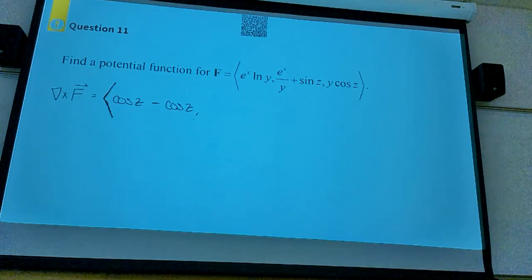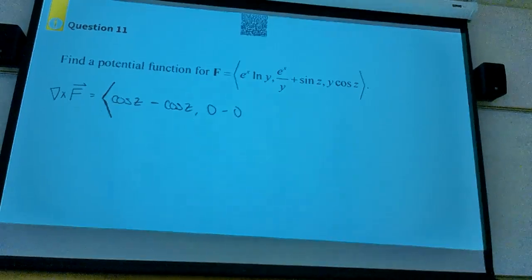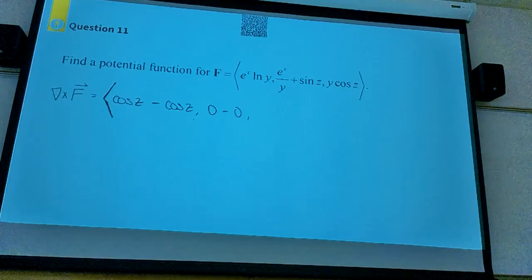Then we're going to get partial z of the x minus partial x of the z, partial x of the y, what am I doing?